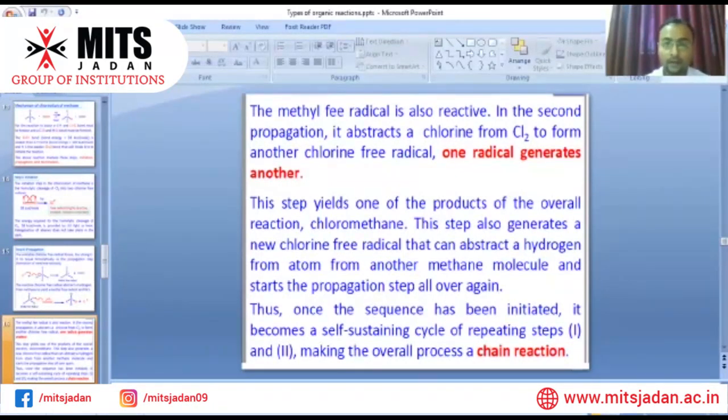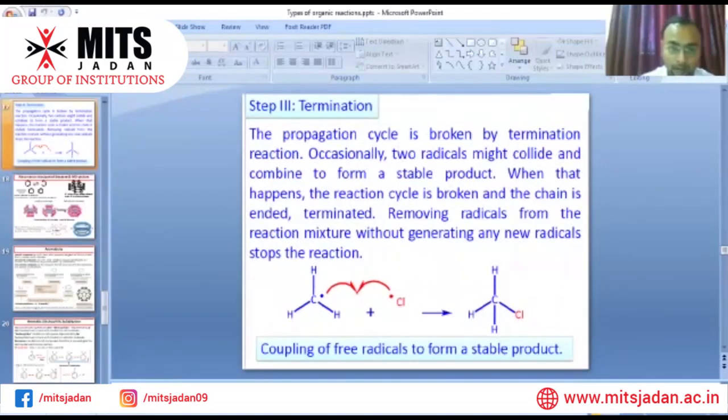So in the third step, that is the termination step, we will discuss how this reaction is terminated, because the propagation cycle is broken by the termination reaction. Without termination, this reaction cannot be stopped, and occasionally two radicals might collide and combine to form a stable product.